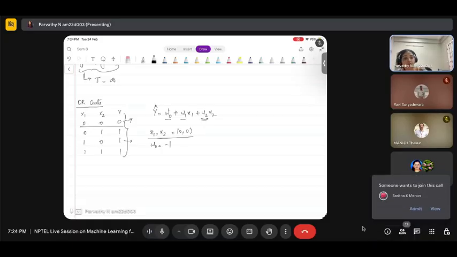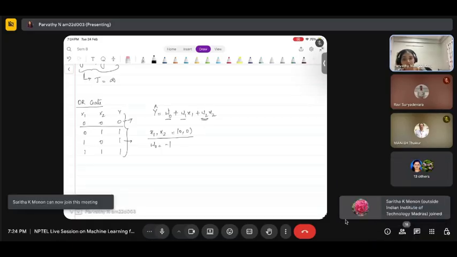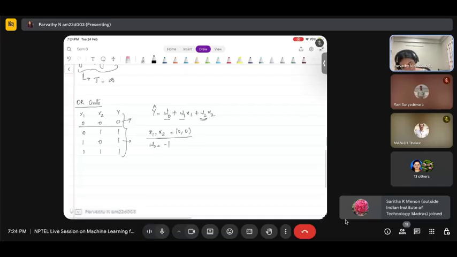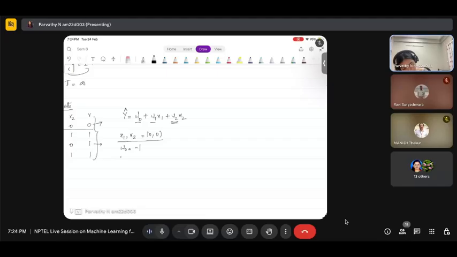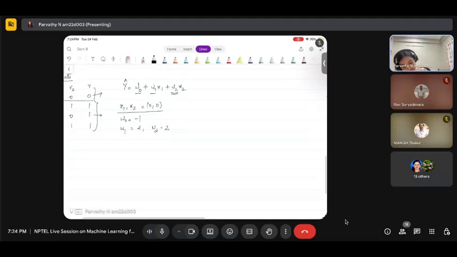Now one value of W0 is chosen. Now we need to find W1 and W2. So we can simply put one value for W1 and W2 and then try to see if that works.